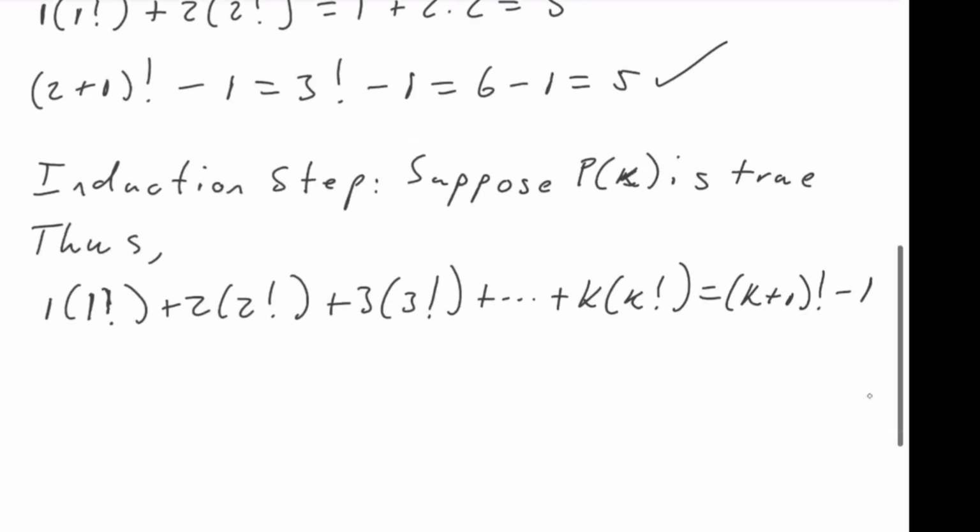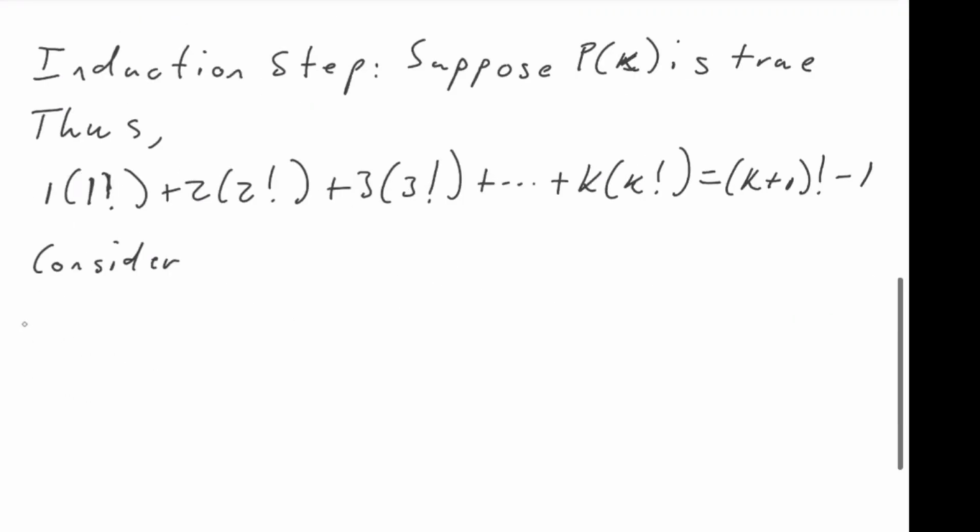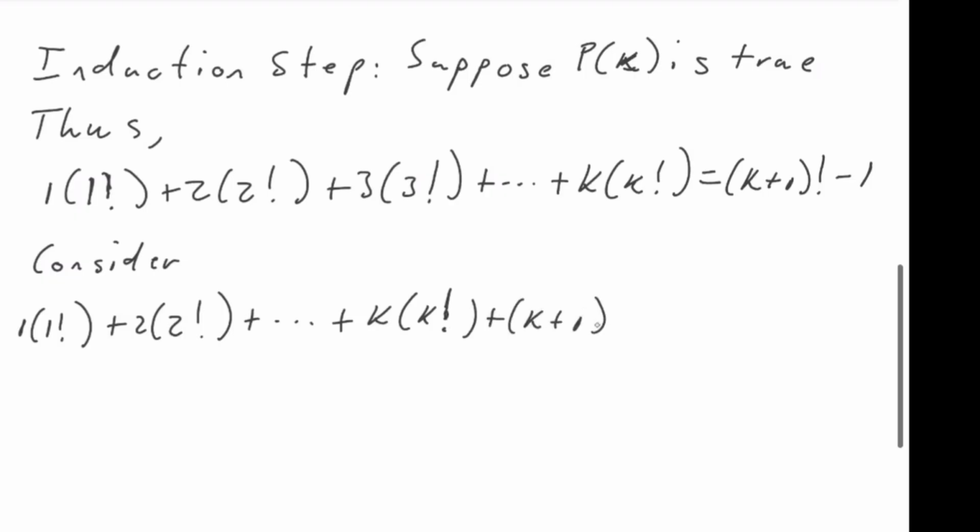Okay? So now consider 1 times 1 factorial plus 2 times 2 factorial plus dot dot dot plus k times k factorial plus (k plus 1) times (k plus 1) factorial.